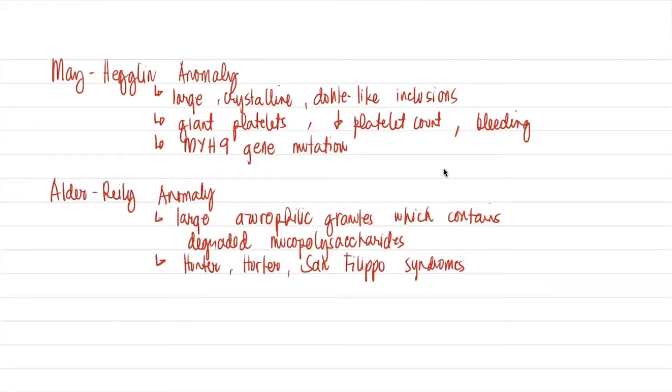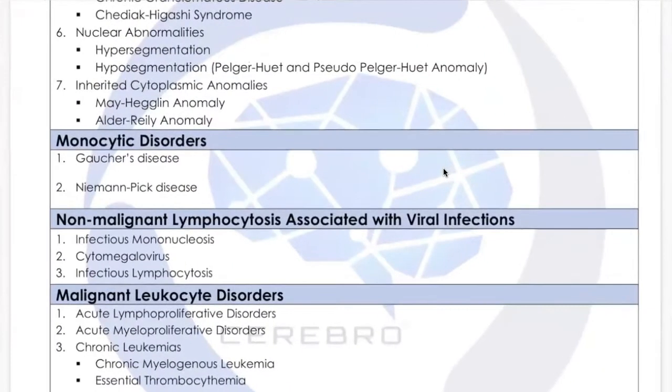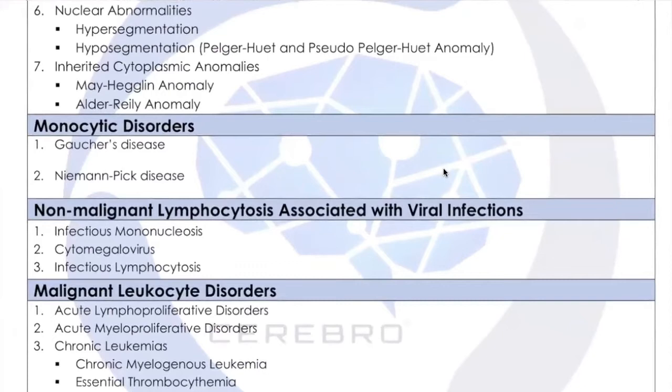Now, let us proceed to the monocytic disorders. We have two: Gaucher's disease and Niemann-Pick disease. Take note of the enzyme that is deficient in each condition. In Gaucher disease, the deficiency is glucocerebrosidase.